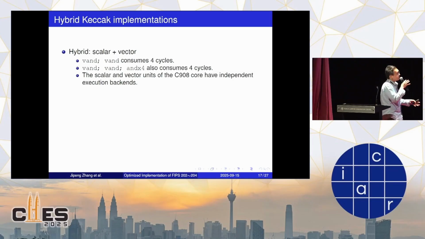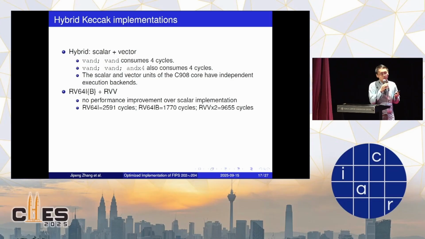It's interesting. One reason is that the vector logical instruction has a very long latency. And a precondition of the hybrid idea is that the scalar and the vector units of this core have independent execution backends.